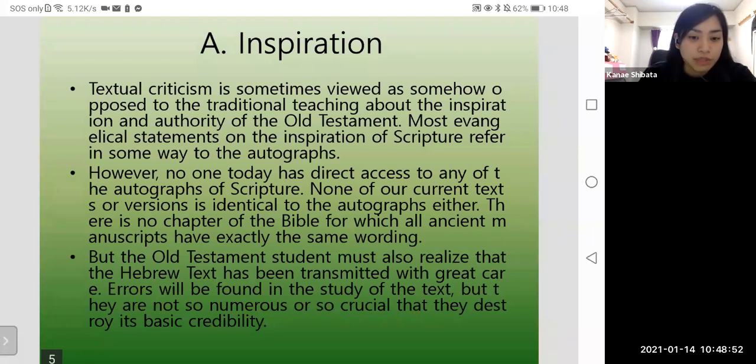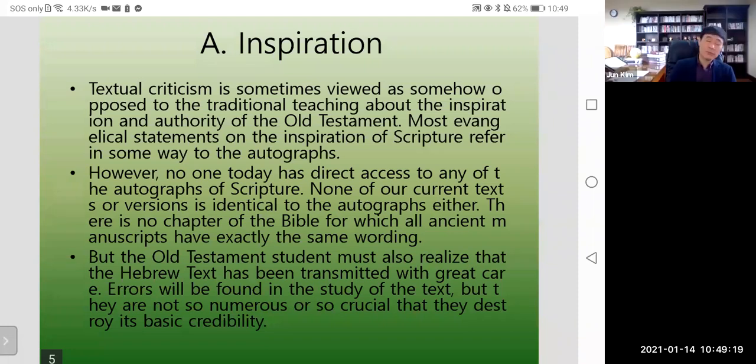There is no chapter of the Bible for which all ancient manuscripts have exactly the same wording. But the Old Testament student must also realize that the Hebrew text has been transmitted with great care. Errors will be found in the study of the text, but they are not so numerous or so crucial that they destroy its basic credibility.